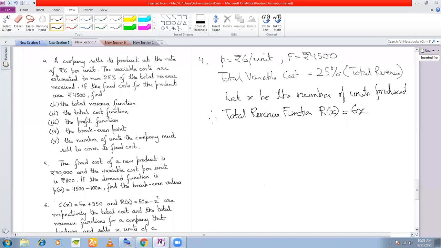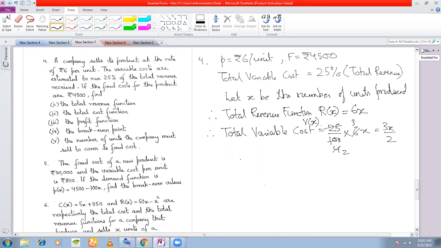Okay. Therefore, what is the total variable cost? It is 25% of total revenue, 25% of 6X, which you can cancel here. You get 3X by 2, the total variable cost V(X).